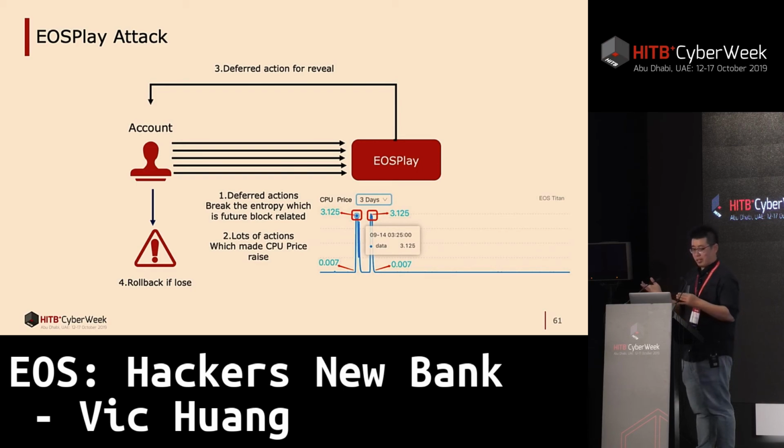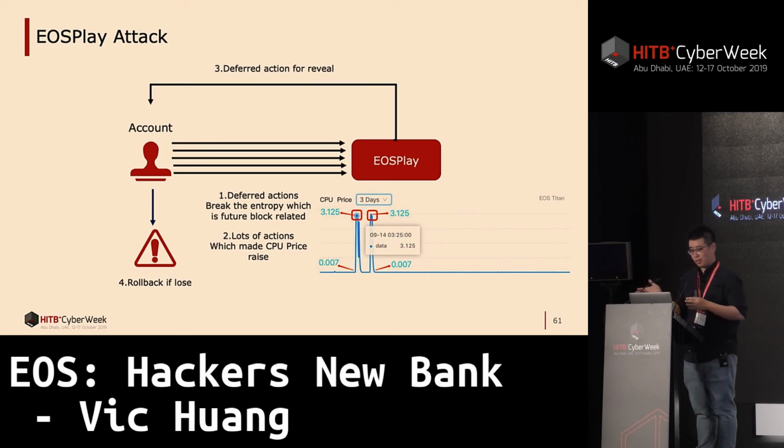You can use a lot of transactions so that the deferred action of the rival is placed with your actions in the same block. So if you know how to calculate the random number, and you are in the same block as the rival actions, you can guess the numbers right.